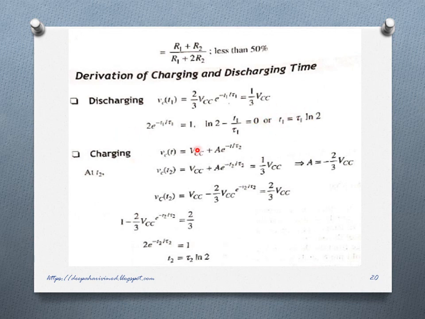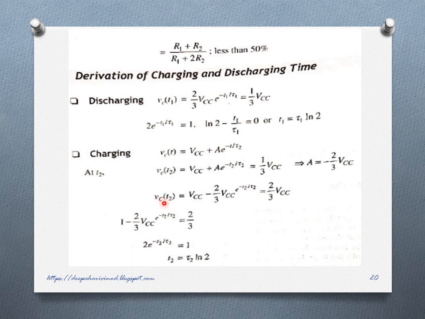In the same way, for charging, Vc of T equals VCC plus A e raised to minus T by tau 2. Vc of T2 equals VCC plus A e raised to minus T2 by tau 2, which is equal to 1 by 3 VCC. So A equals minus 2 by 3 VCC.